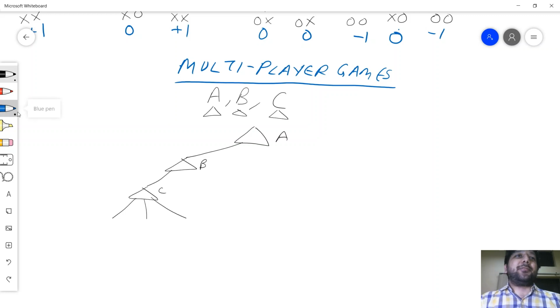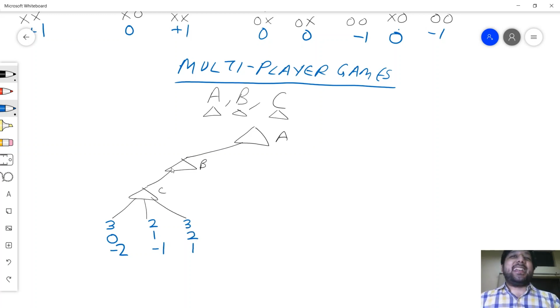Now there'll be 3 scores, 1 for A, 1 for B, 1 for C. So let's write down: A gets 3, B gets 0, C gets minus 2; A gets 2, B gets 1, C gets minus 1; A gets 3, B gets 2, C gets 1. Everybody wins. I like this game. So similarly over here, in this case, there are only 2 branches possible.